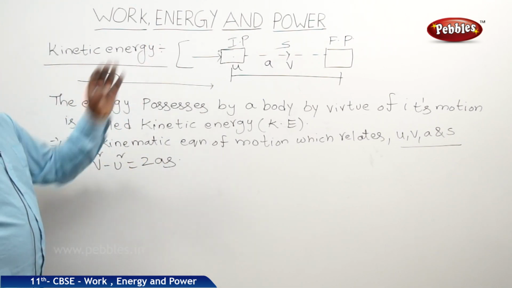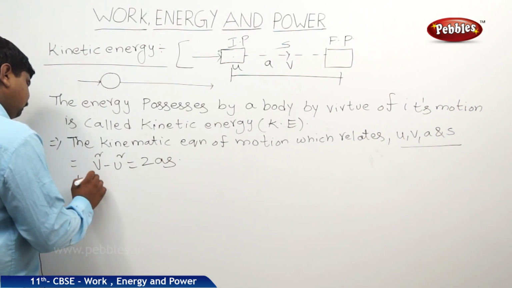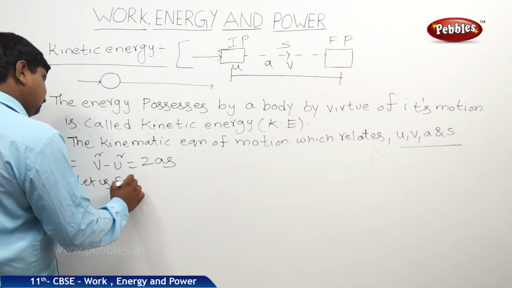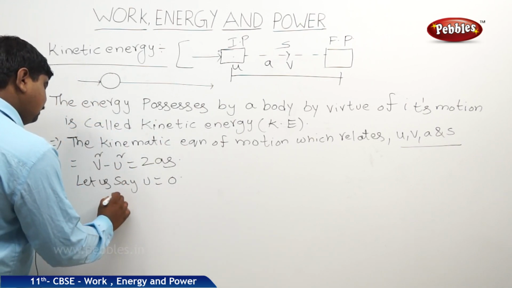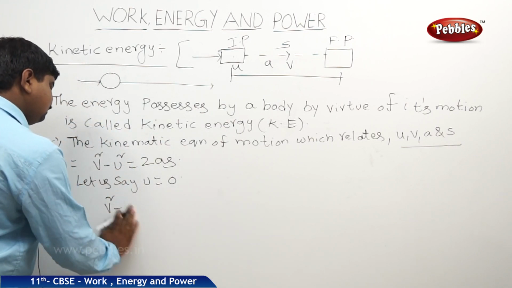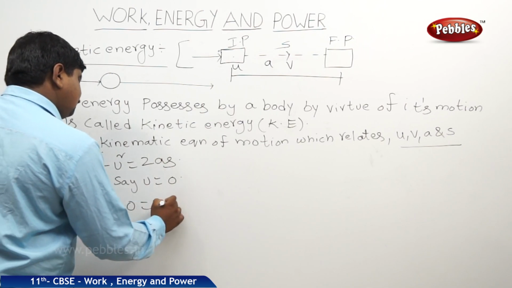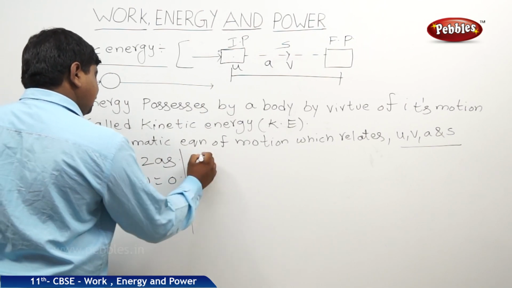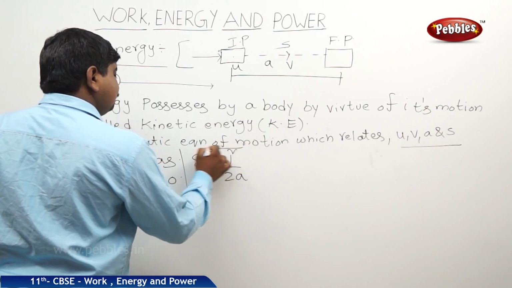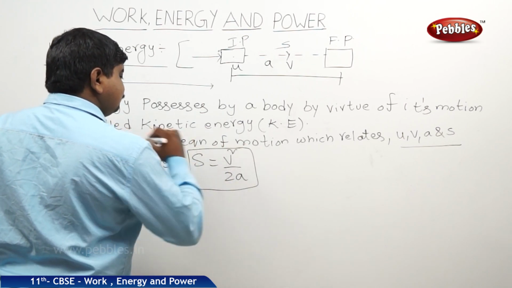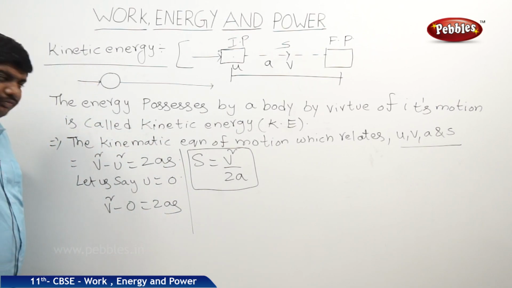Let us say u is equal to 0. Therefore, v square minus 0 is equal to 2as. Therefore, s is equal to v square by 2a. This is the expression we got.